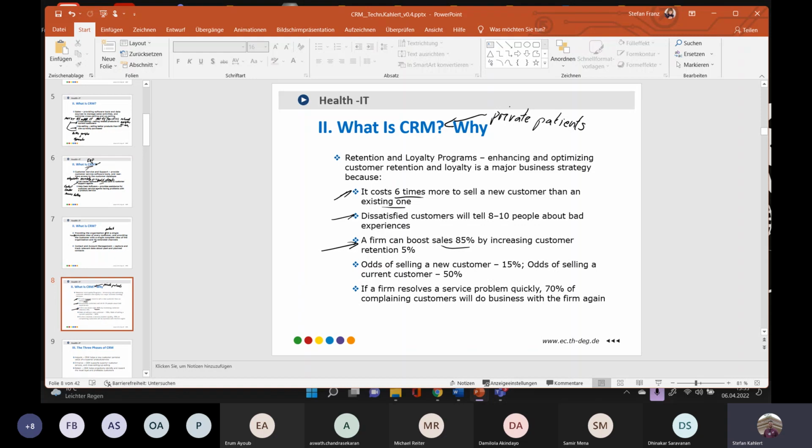As I said always in the past sessions, most of the health clinics and organizations are facing insolvency, at least half of them. So it's important that you take care for your private patients. So I have a private insurance.